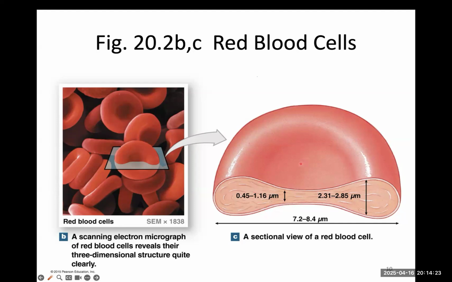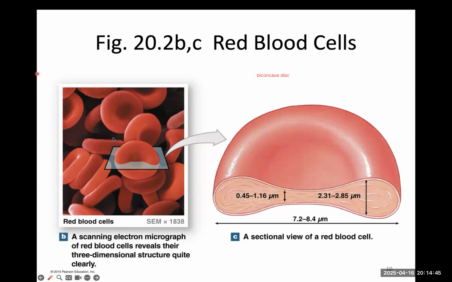We said the erythrocyte is disc shaped. So this is a disc. Technically, we call this a biconcave disc. Let me write that. The reason it's called biconcave: the word bi means two.